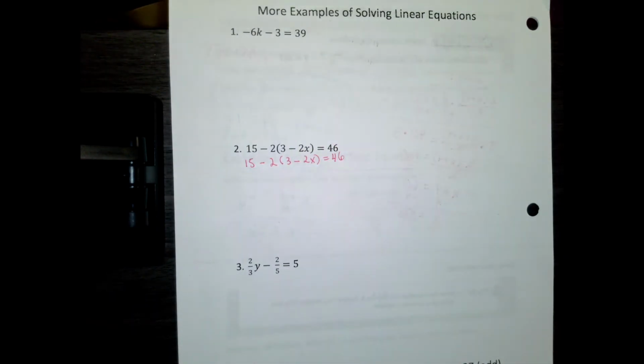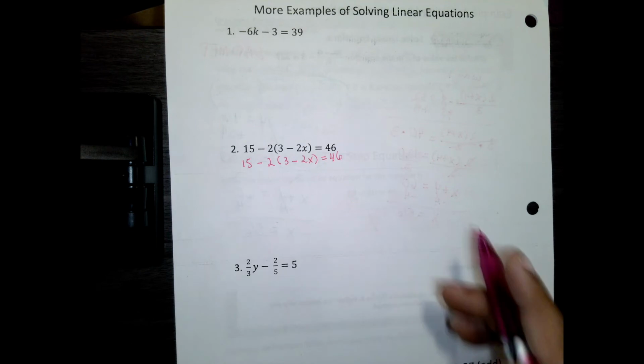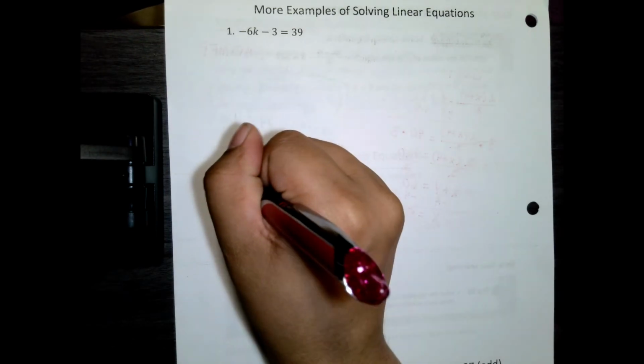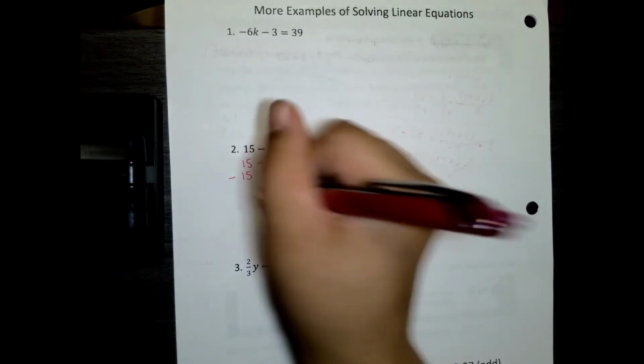Okay, we got that first step out of the way. We rewrote that equation. Now, notice, our goal is to get our x all alone. So what we can do is subtract 15 on both sides. Because remember, we always want to deal with our spare and out there numbers first.